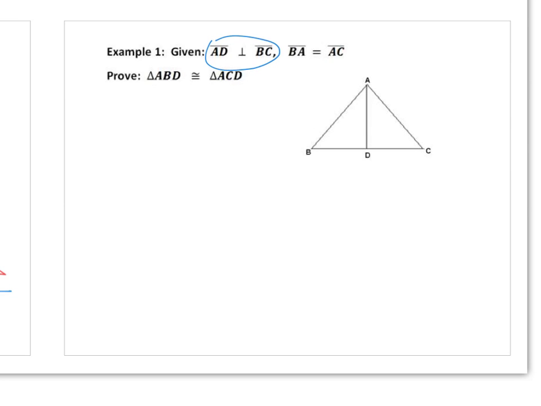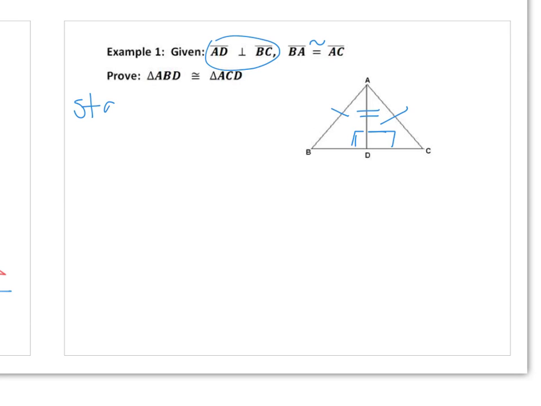If I know that these are perpendicular, wouldn't I know that these angles are right angles? And then BA is congruent to AC. Those are those sides. And then I would have the reflexive. So how are these triangles congruent? Because of HL. That makes it different in our proof.